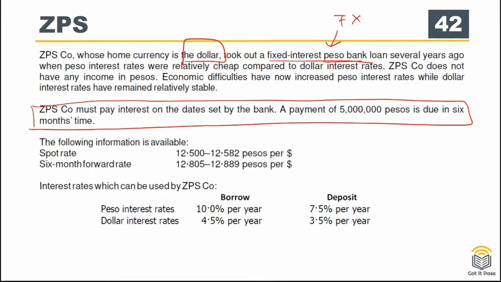The information provided includes the spot rate, which is 12.5 to 12.582 pesos per dollar, and the 6-month forward rate. The interest rates which can be used by this company are shown below for borrowing and deposit rates. So you have this as background information.